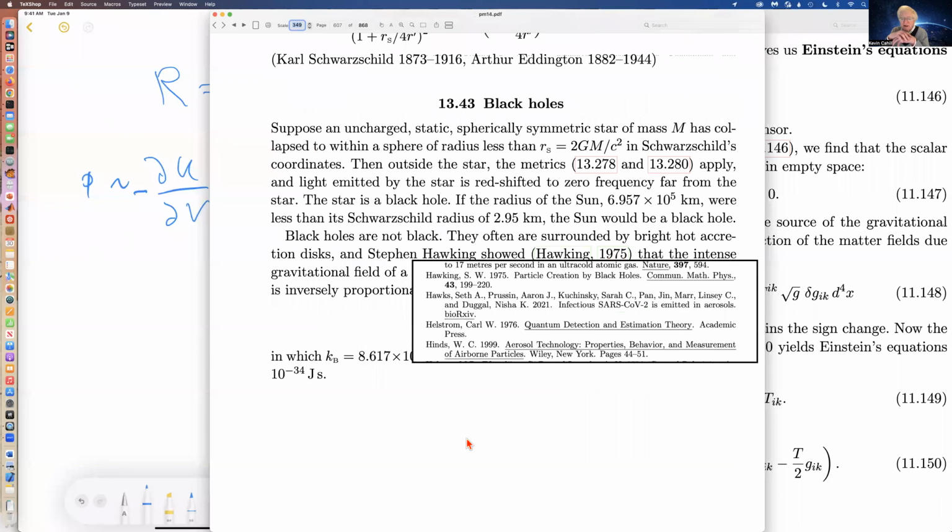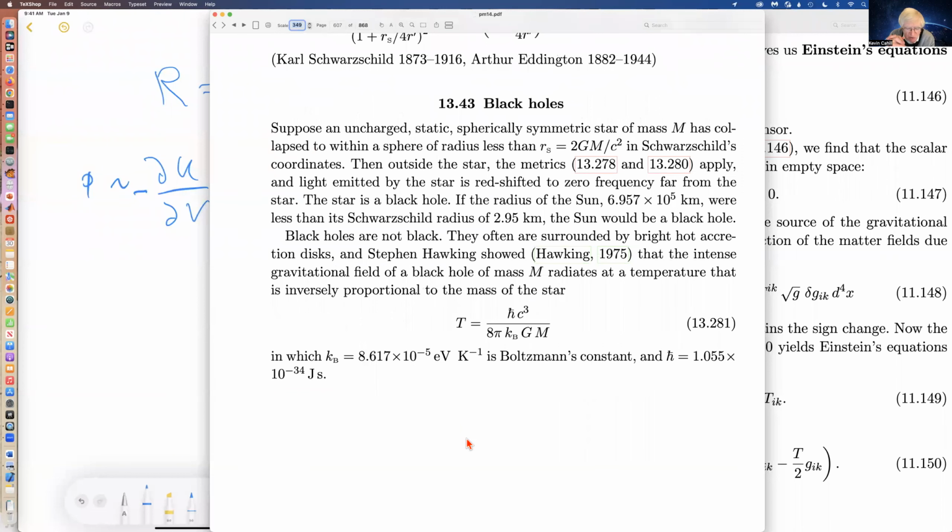And what Hawking, back in 1975, showed us all is that the black holes are not black. In fact, that was the title of a colloquium that he gave.